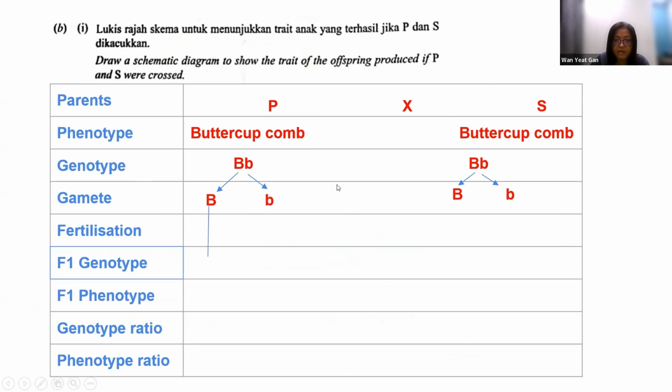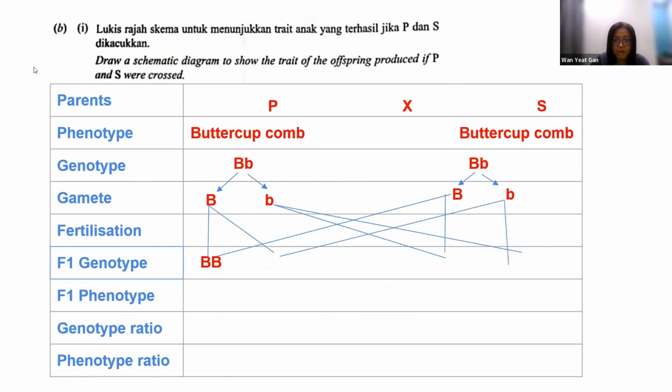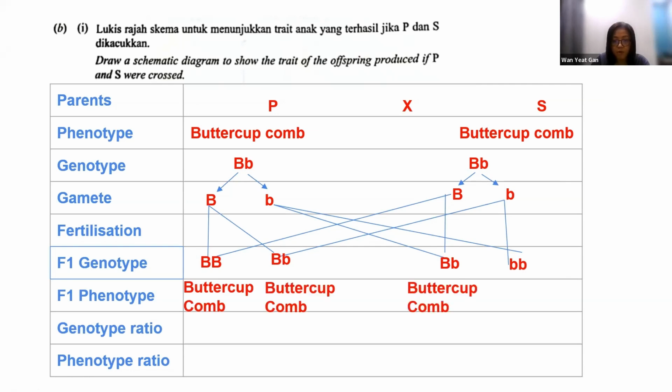Okay, after fertilization, you get big B, big B, big B, small b, big B, small b, and small b, small b. So the phenotype: buttercup comb, buttercup comb, buttercup comb, and strawberry comb.